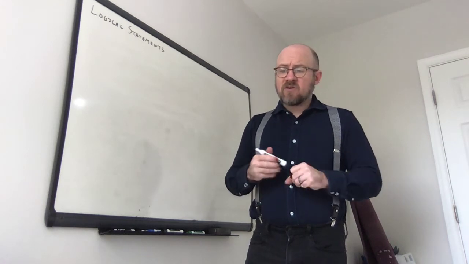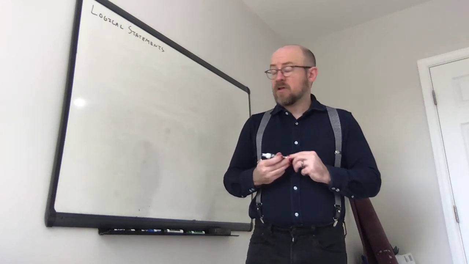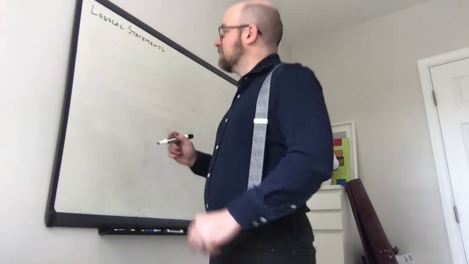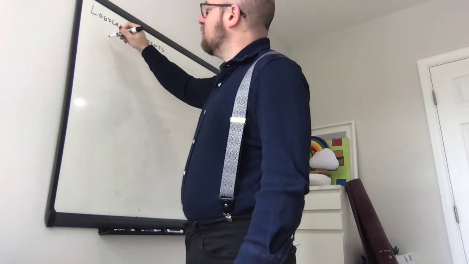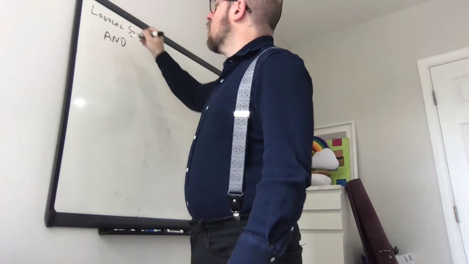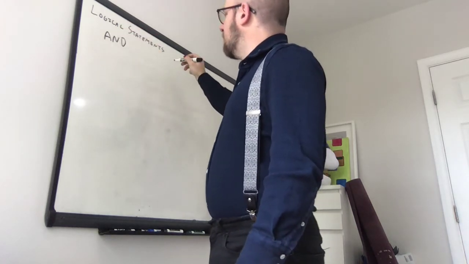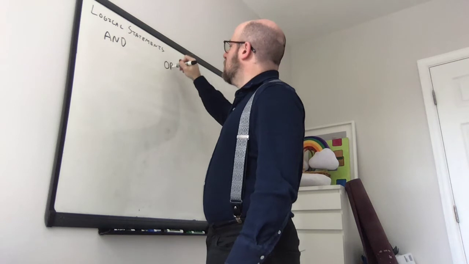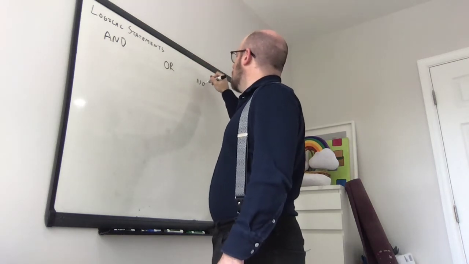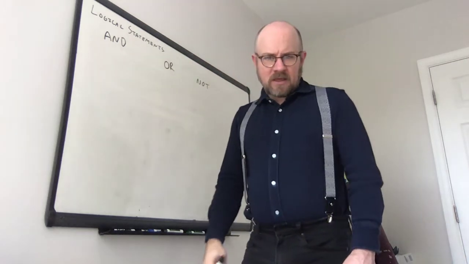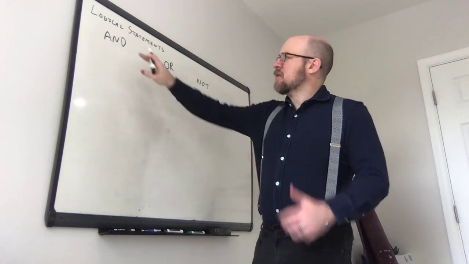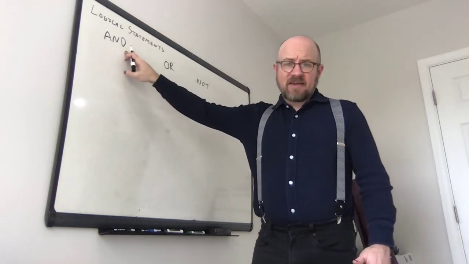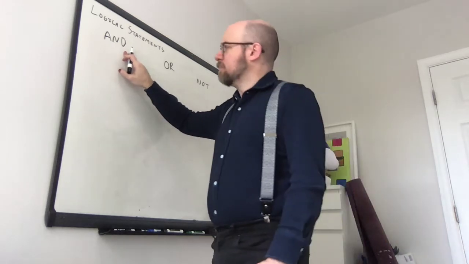Okay? And so one thing I want to talk about that's useful is combining and modifying logical statements. So if we have 2 logical statements, we can put them together in a couple different ways. We can use the words and, or, and not. So these are logical modifiers. And so what and does is it puts 2 statements together.